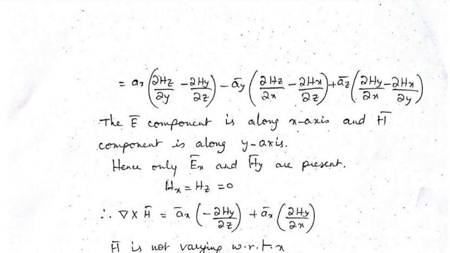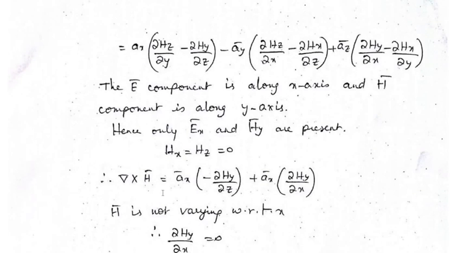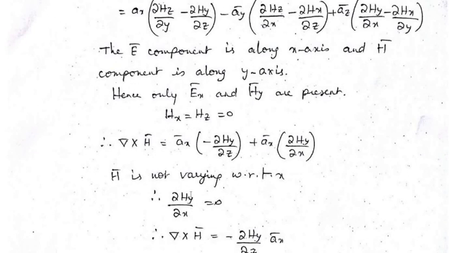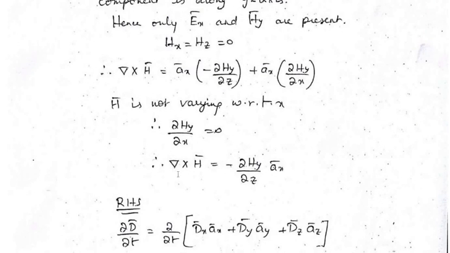If you substitute Hx and Hz equal to zero, these are the terms left: del cross H is equal to Ax into minus dou Hy by dou Z plus Ax dou Hy by dou X. Now here H is not varying with respect to X. It is varying only with respect to Z. So the second term, dou Hy by dou X, also reduces to 0. So this is the final equation which is left: del cross H is equal to minus dou Hy by dou Z into Ax.